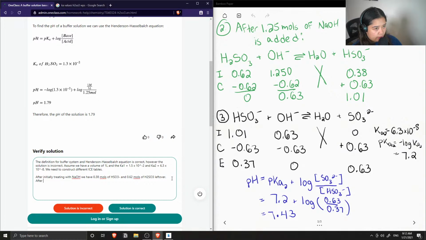And then after 1.25 moles of NaOH is added, we have 0.63 moles of SO3 2 minus formed, and 0.37 moles of HSO3 minus left over.